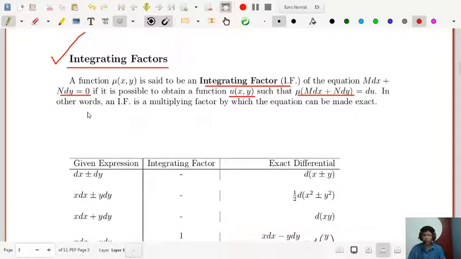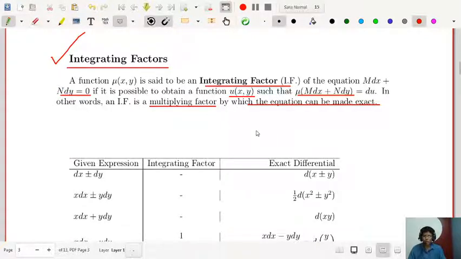In other words, an integrating factor is a multiplying factor by which the equation can be made exact. The equation can be multiplied with this factor and you will get the exact equation. It is modified to an exact equation, but before that it was not exact.